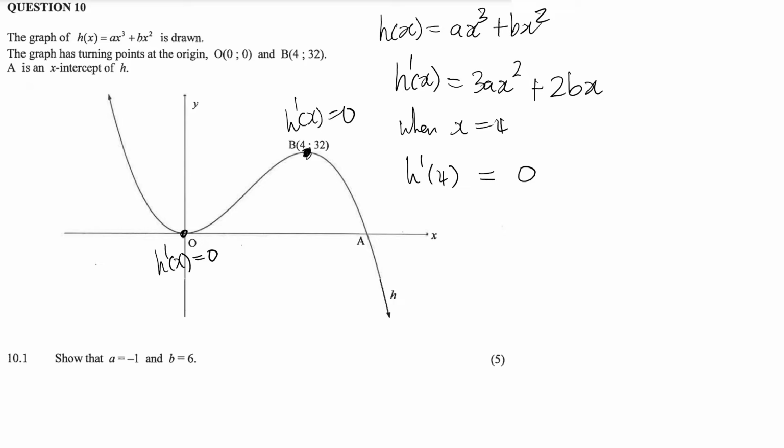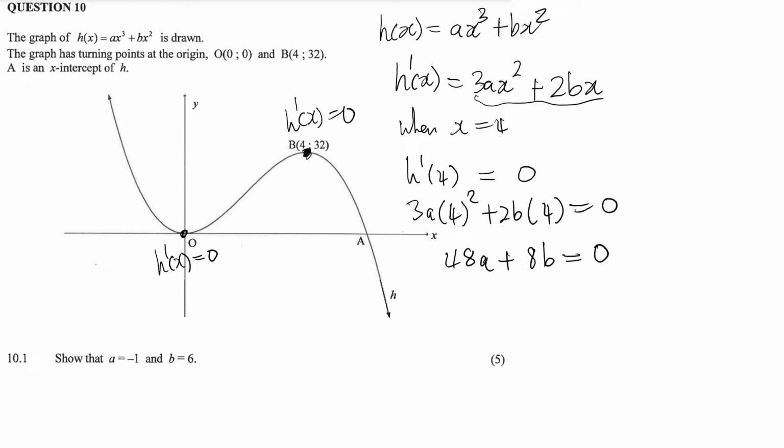Using that idea, we can now substitute where there is x. We can put 4, so it's going to be 3a(4)² + 2b(4) = 0. We can deduce our first equation: 4 squared is 16, times 3, gives us 48a, plus 2 times 4, which is 8b, equals 0.